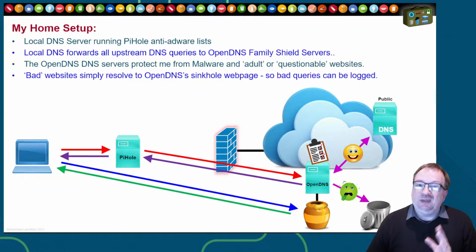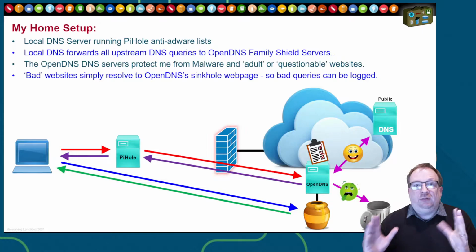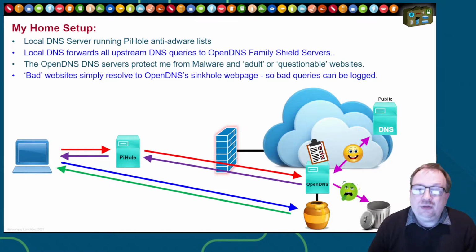But if it knows that what you're looking for is bad, then it will actually forward you on to their own internal captive portal or honeypot style IP address, so you can actually see on your screen, hey, look, the thing you're trying to go to is actually malicious, or it's a virus, or it's a ransomware, or it's a scamware, or it's any of these types of things.